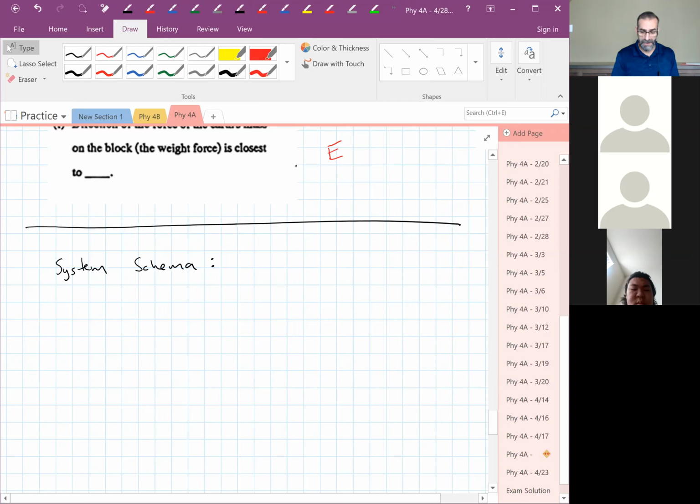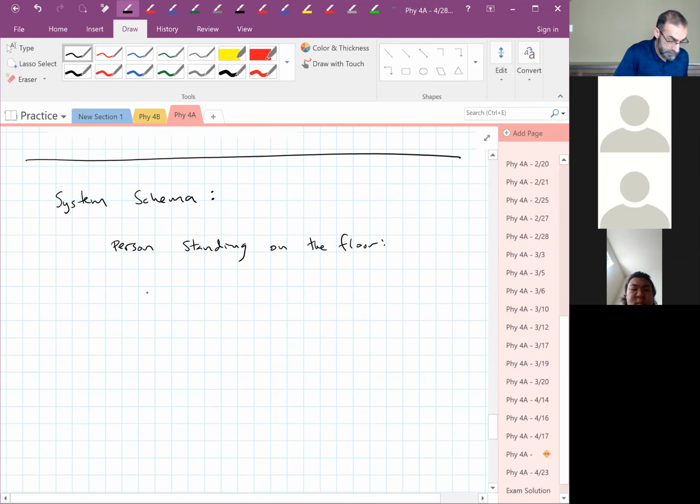So I want to introduce the concept here. Let's say we have a person standing on the floor. So here's our system schema, and here's our free body diagram.